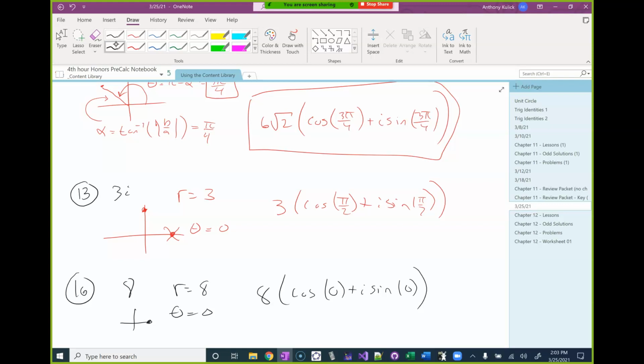Logic is not adding up. Yeah, that is strange, huh?